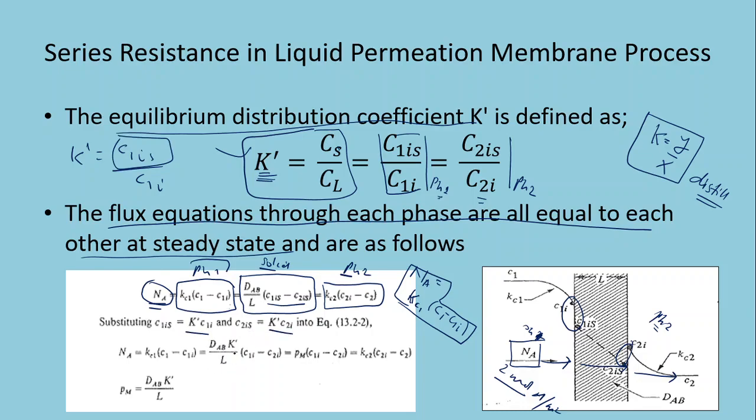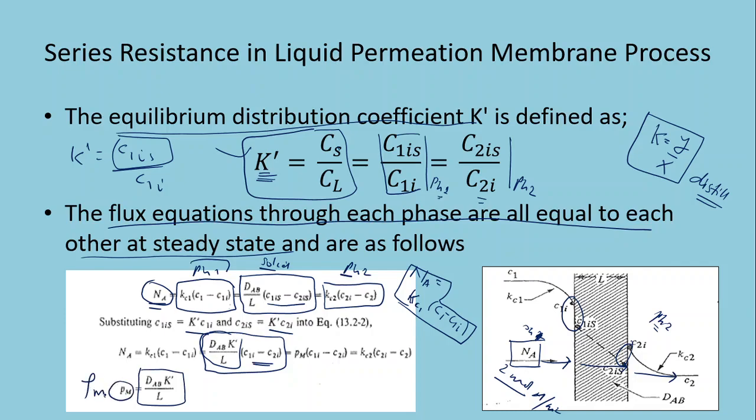If we replace these in this equation, DAB K dash upon L, all these 3 are constant values, so this is taken as a constant and is denoted by rho m.